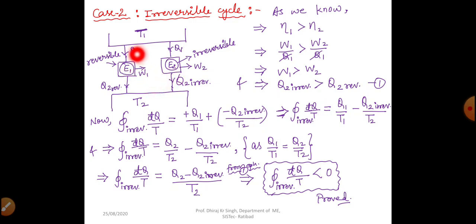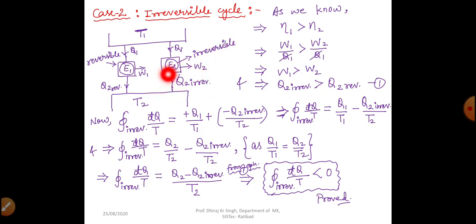In the reversible heat engine, we have supplied heat Q1 to the heat engine, and the rejected heat is Q2 reversible. But in the irreversible cycle, the same amount of heat is coming, but the rejected heat is something different, that is Q2 irreversible, that is irreversible heat transfer, right? So this is the irreversible cycle.